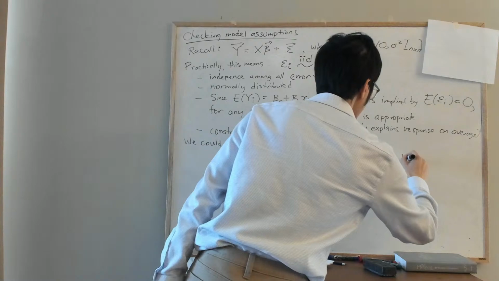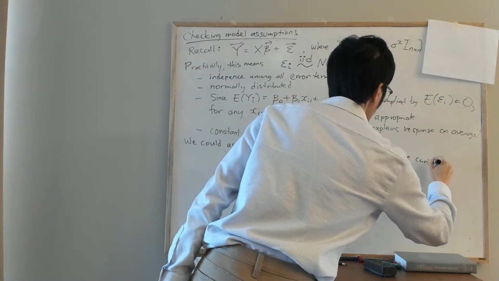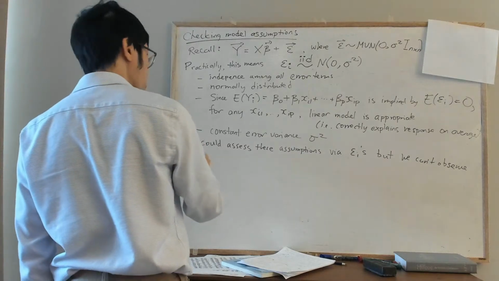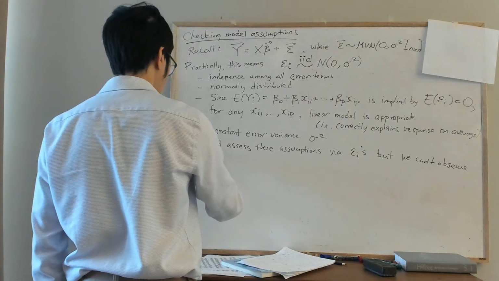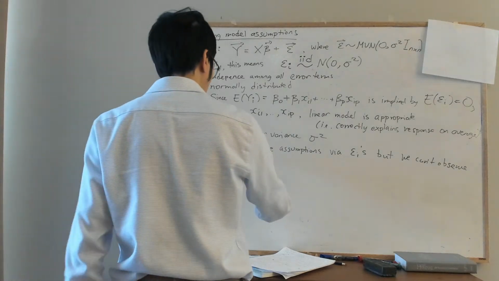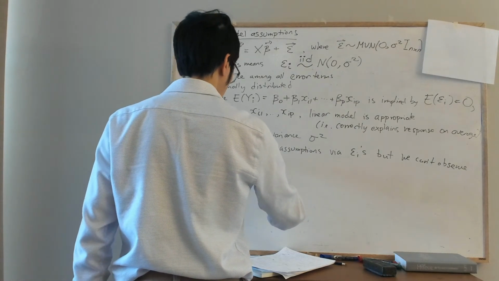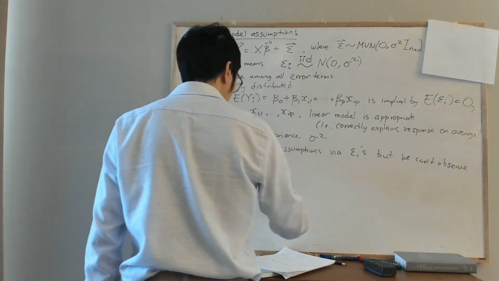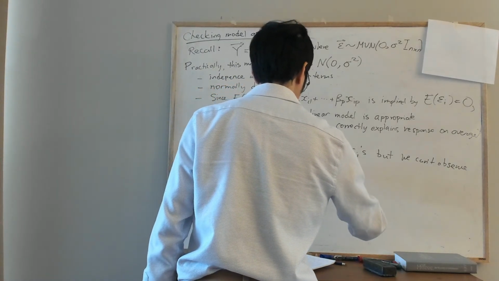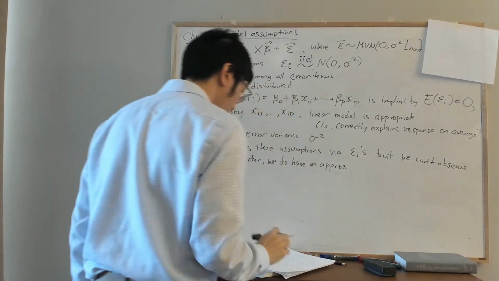So we can't observe epsilon i directly. Rather, we have an approximation via the residuals.